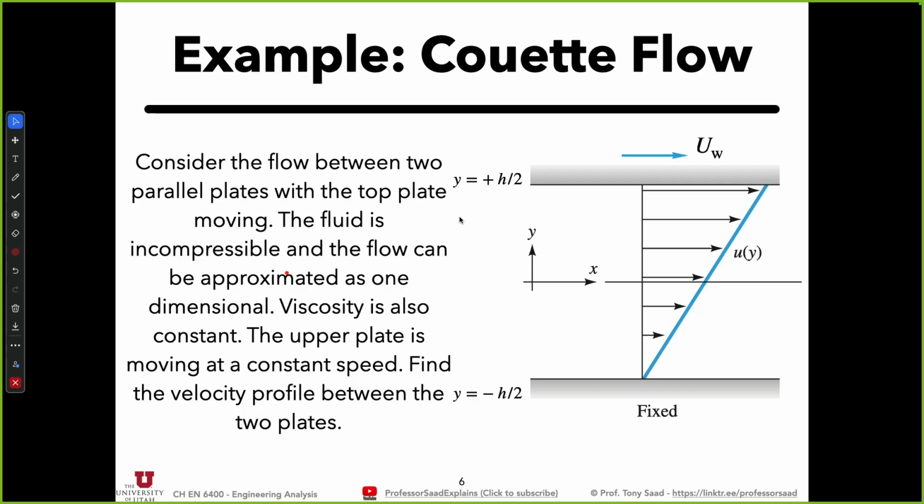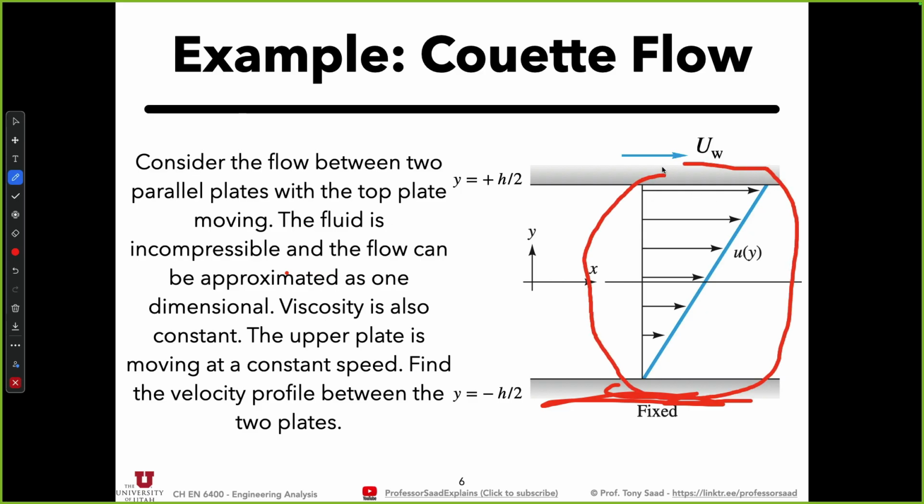So take a small channel and put a conveyor belt on it. I'm just going to move it at constant speed. So if you look here at the bottom of this channel, I have a fixed wall. So this is fixed. And at the top, I have a wall or a conveyor belt that is moving. Now, as that belt moves, it's going to drag the fluid with it. And our objective is to find what that dragging looks like.